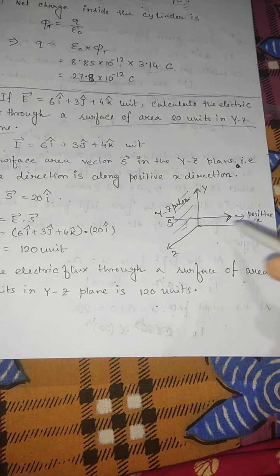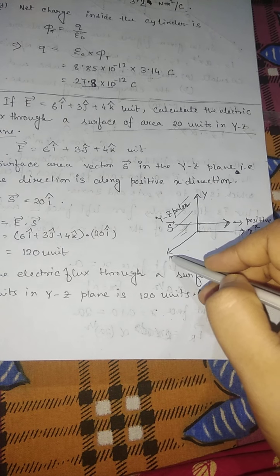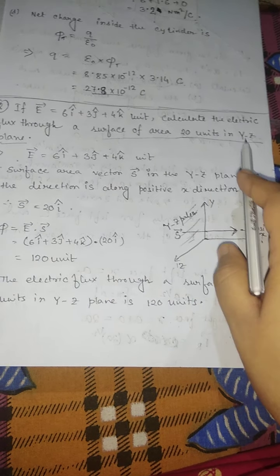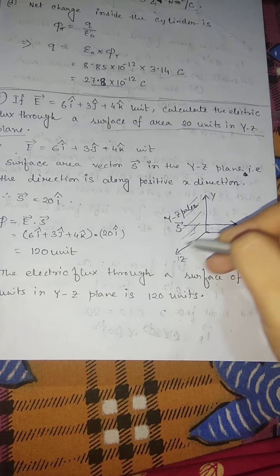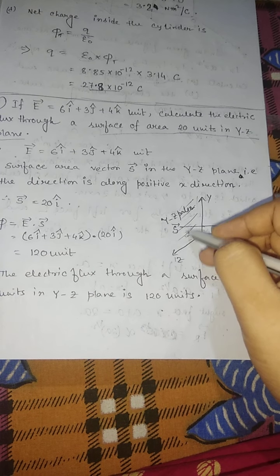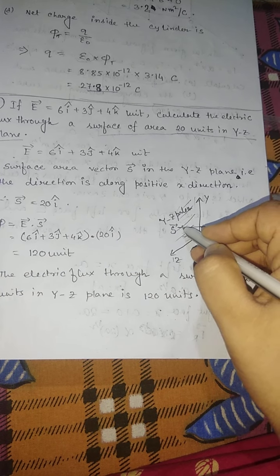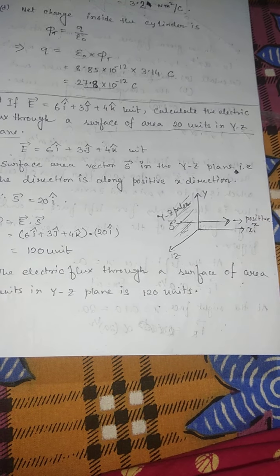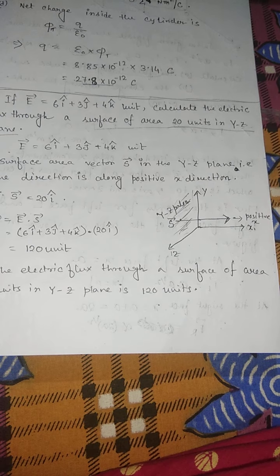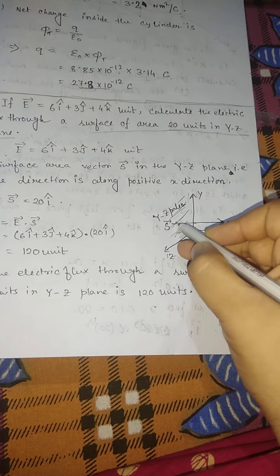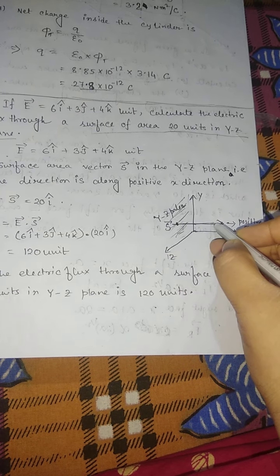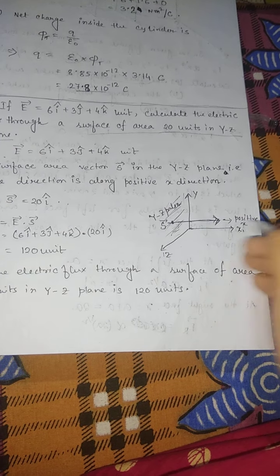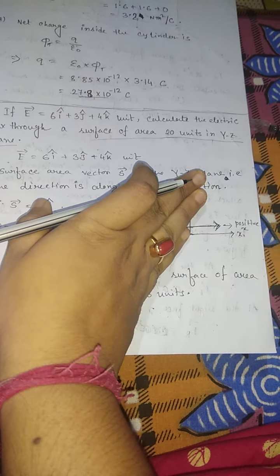These are the three axes, X, Y, and Z. The surface area is in the YZ plane, so this is Y, this is Z, and this is the YZ plane. So this is the surface of the YZ plane. We know that the area vector is always perpendicular to the surface, so it is directed along the positive X direction, which is perpendicular to the YZ plane.